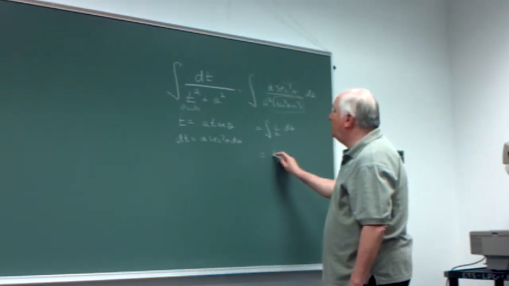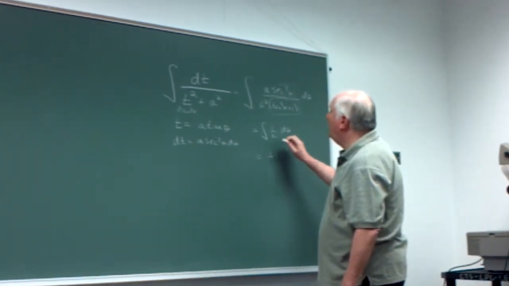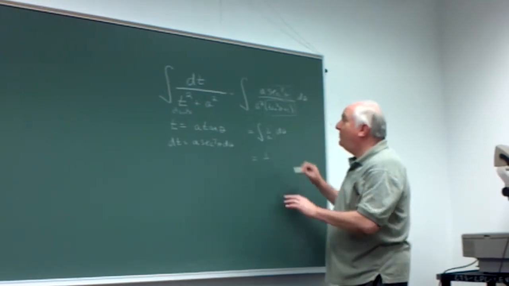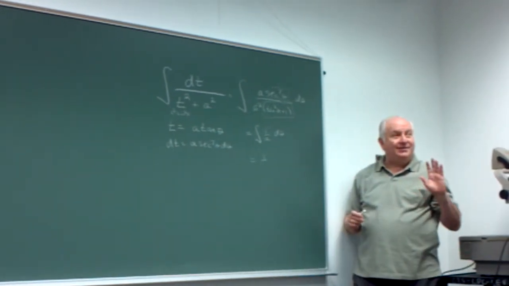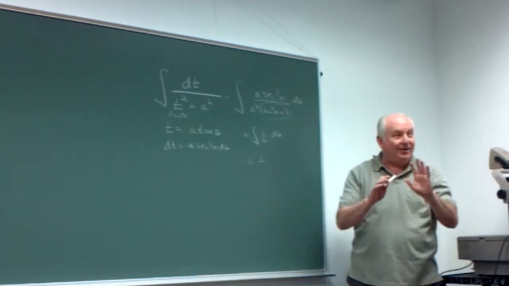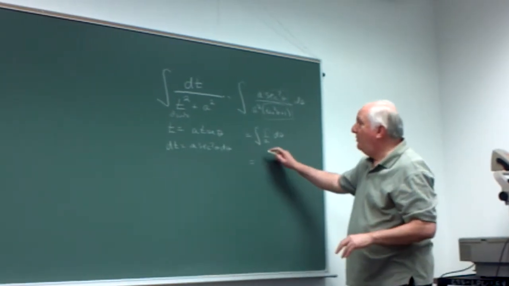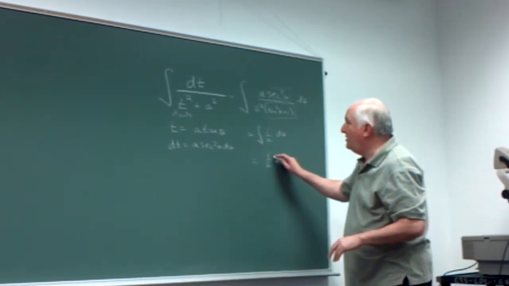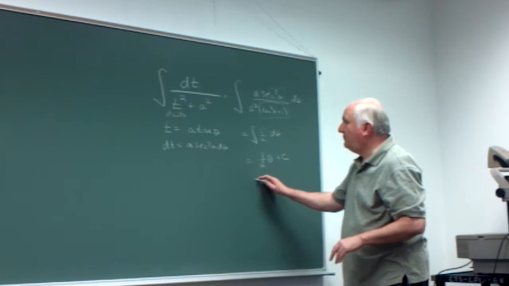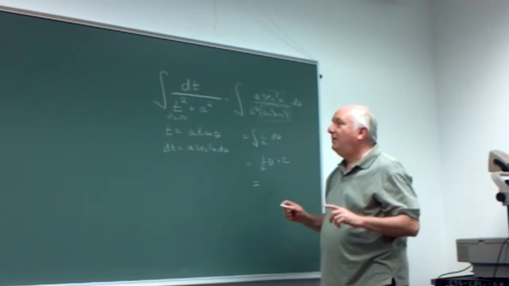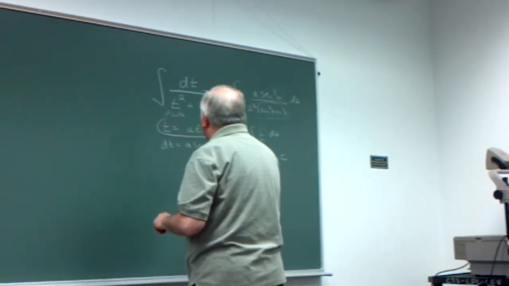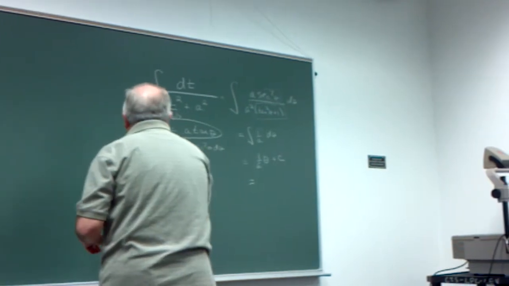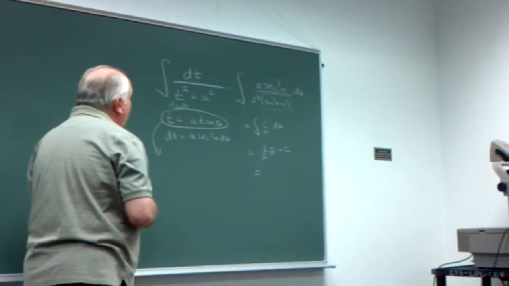So that's 1 over a, which is a constant, so this would be 1 over a times theta. But what is theta? Well, in order to know what theta is, you need to know what tan of theta is.